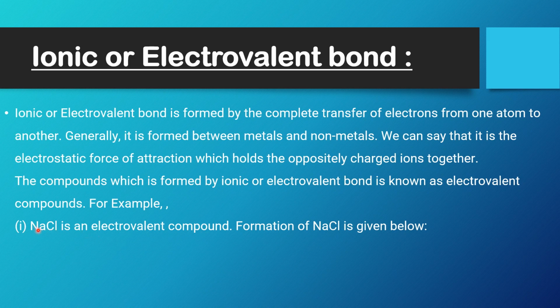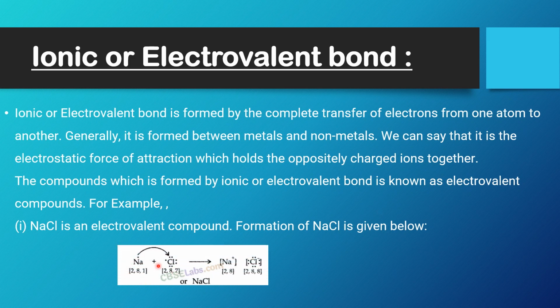Na is a metal and Cl is a non-metal. By this, an ionic bond forms between sodium and chlorine. So this is the best example of an electrovalent compound.